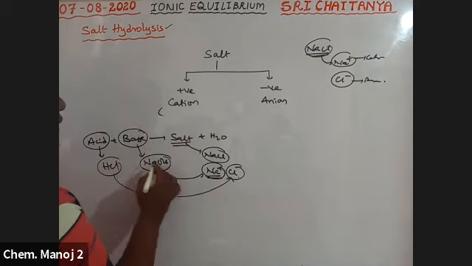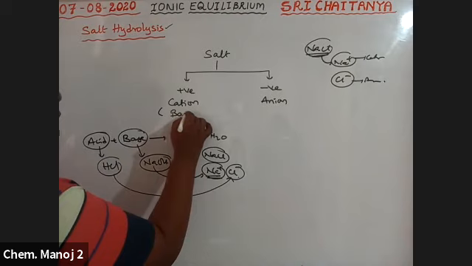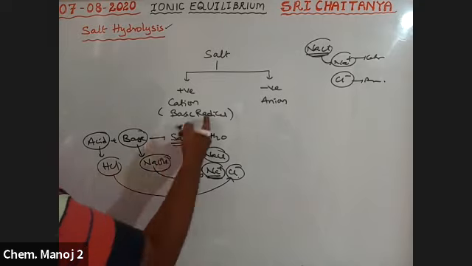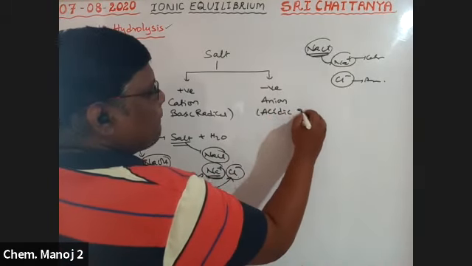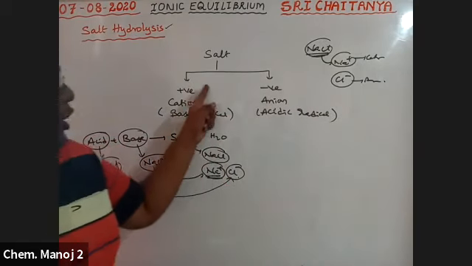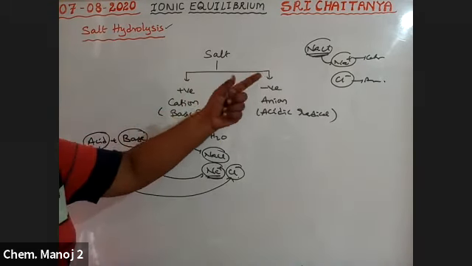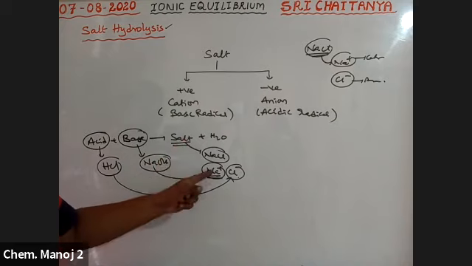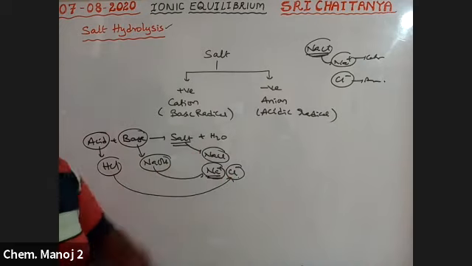Because this cation comes from a base, it is called a basic radical. This anion comes from an acid, that's why it is called an acidic radical. So salt is the combination of a positive ion and a negative ion. Positive ions are called cations, negative ions are called anions. The cations in salt come from the base, the anions from the acid. Therefore, Na+ is a cation coming from a base, which is why cations are called basic radicals, and anions are called acidic radicals.